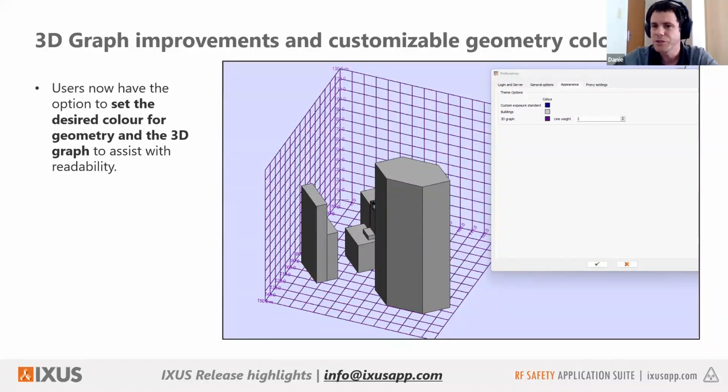We aim in the future to maybe add the possibility of having different parts of the geometry in different colors, but that's still on our roadmap. As well, for the 3D graph, we've added the option to change the line weight as well as the graph color, depending on the background that you have, to make it a bit more visible.